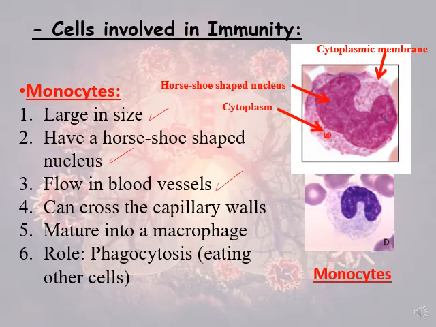What is the macrophage? Macrophage has an important role. It has a role in phagocytosis. Phago means eat, cyto means cell. So phagocytosis is eating other cells.